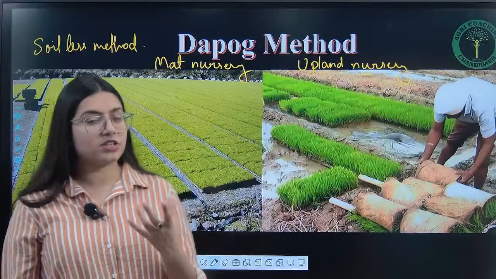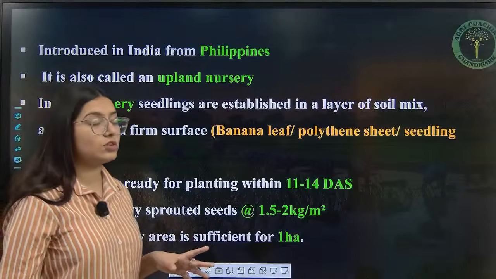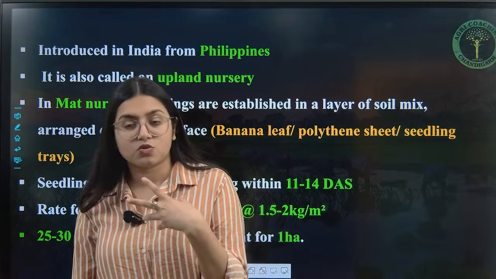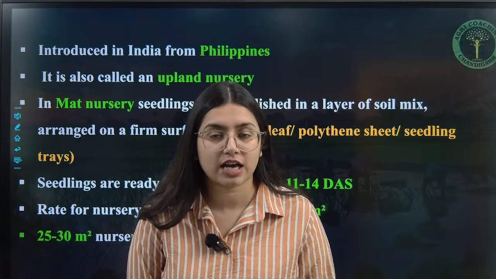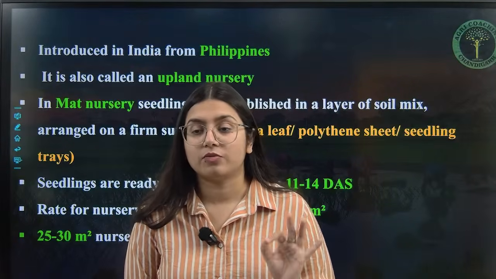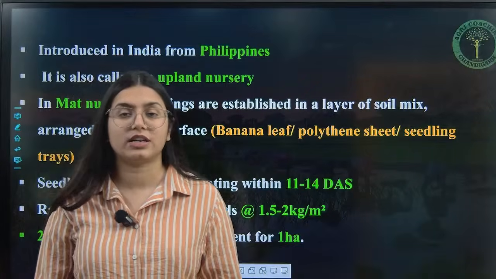So what's the catch in the Depog method of paddy cultivation? It is known as a soilless method too. So why? When we are sowing the seeds or raising the nursery, there is no direct contact between the soil and the seeds.